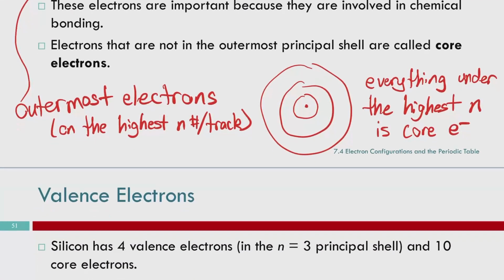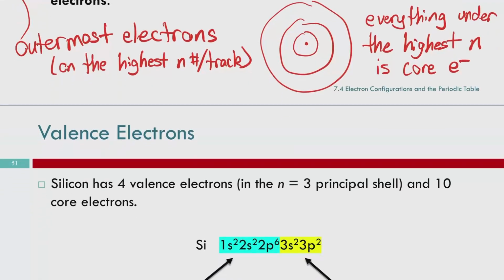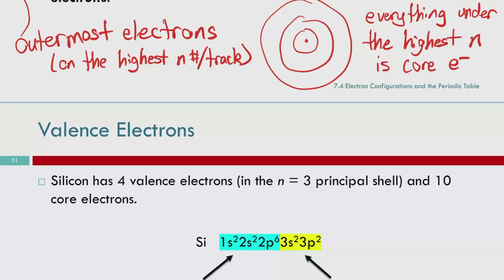And we can apply this to our electron configurations. So silicon has this electron configuration, 1s2, 2s2, 2p6, 3s2, 3p2. It has 4 valence electrons because 3 is the highest n number that we have. And then everything else is core electrons.